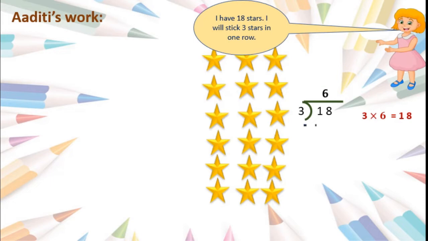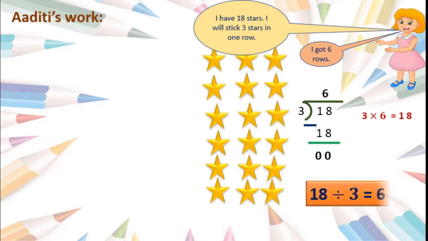So she has written 6 up and she subtracted 18 out of 18. So 0. Isn't it? Means I got 6 rows, she is telling. Means 18 divided by 3 is equal to 6. Nice work, Aditi.